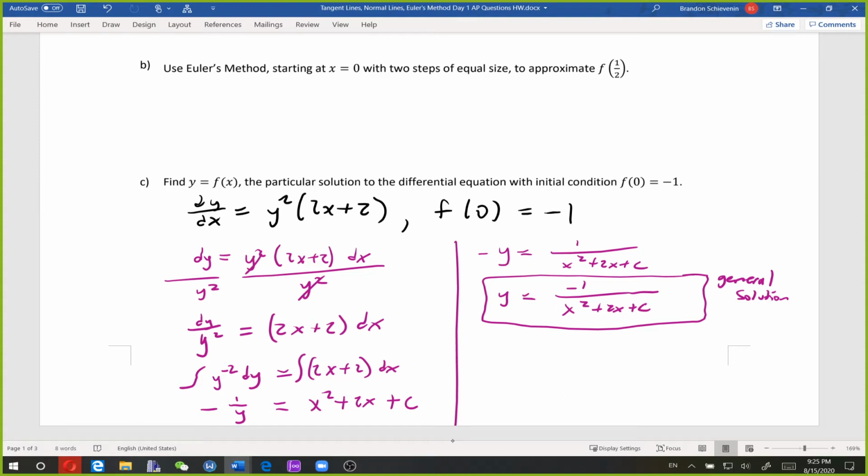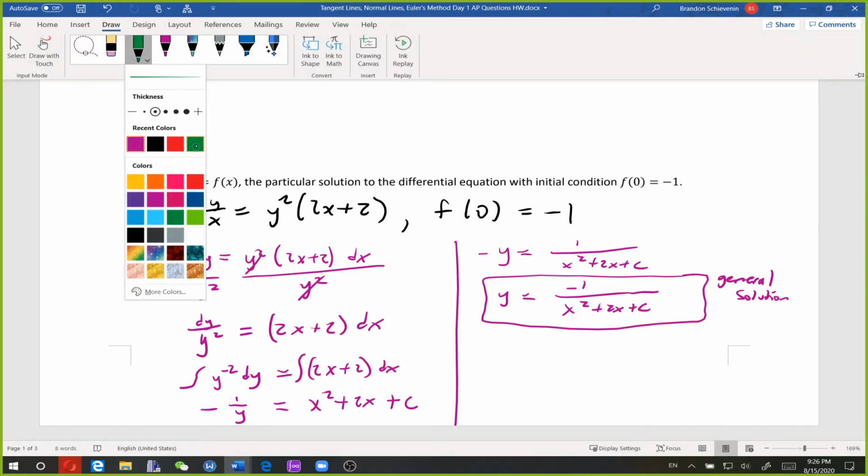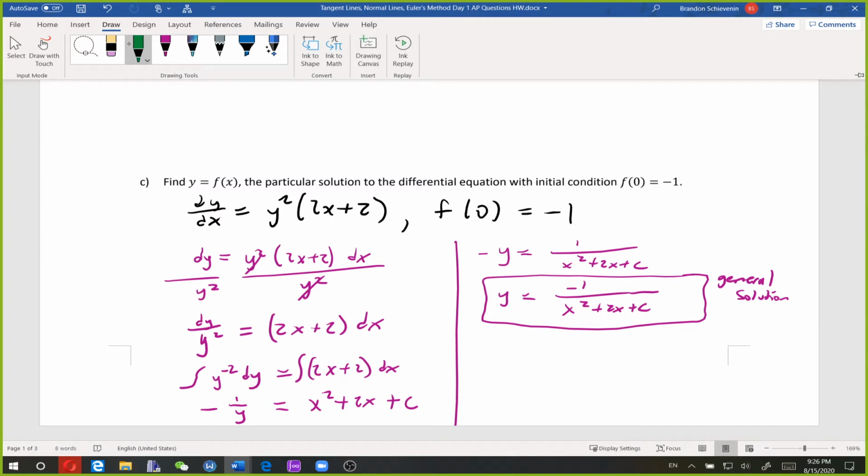We find C. Okay, so how do I find C? Replace y.